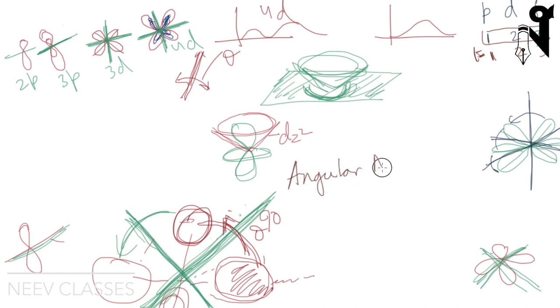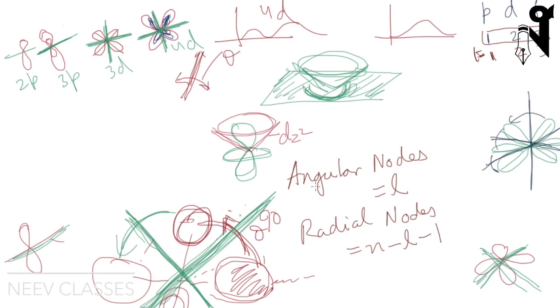Angular nodes is equal to L. And we already had that radial nodes was equal to n minus L minus 1. These were spherical in shape and these are planes, so they are also called nodal planes, except for the conical one in your dz square.